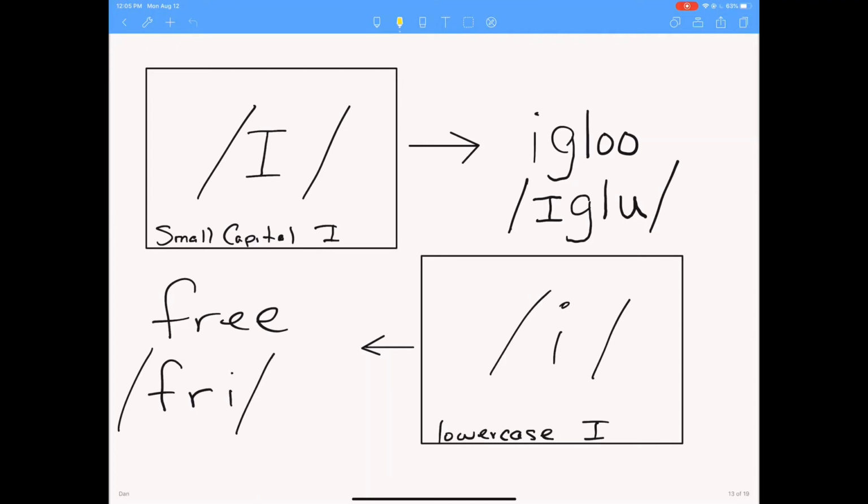So I'll show you now just what the front of the card would look like for some of these guys. So the small capital I, that's the name of the game here. You get the virgules, the symbol, which is literally a capital I, but it's a small capital I. It takes the same amount of space as a lowercase letter. This would be my word for that, igloo. I then did the phonetic transcription.